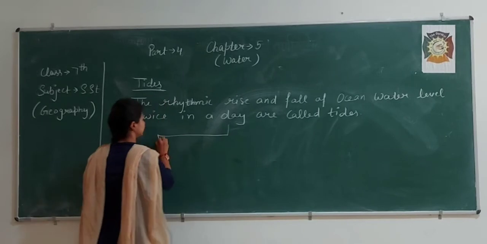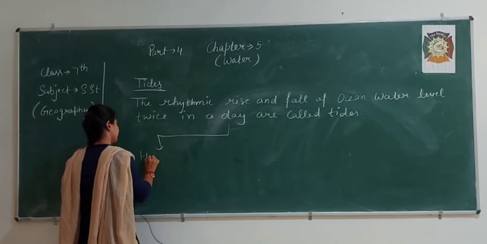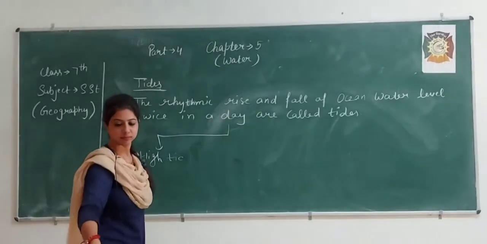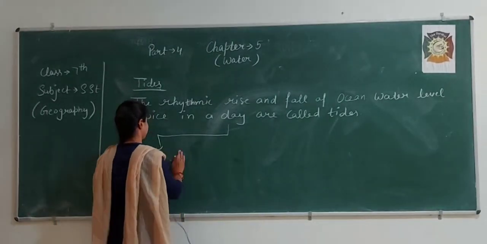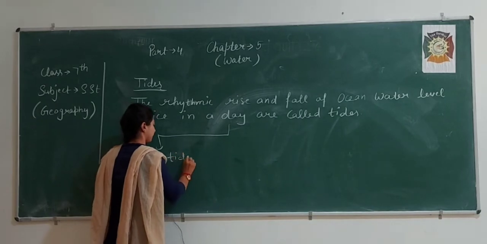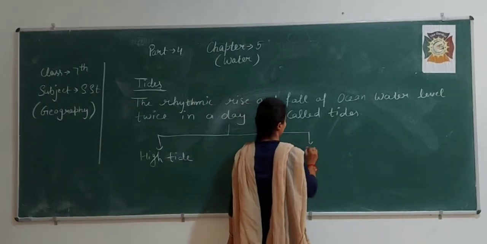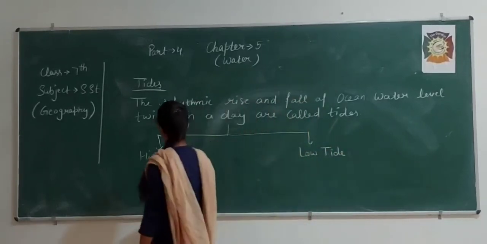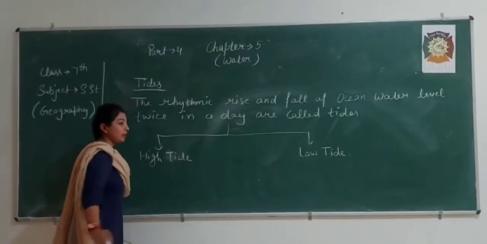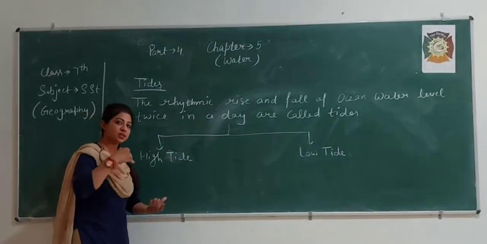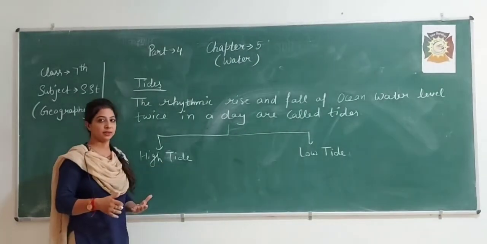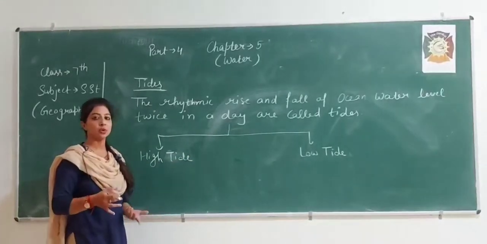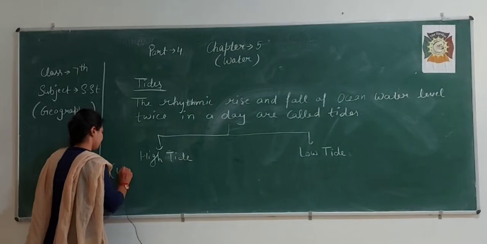There are two types of tides. First is high tide and low tide. When water is at the highest position, that is high tide. When water is at the lowest position, that is called low tide. I am writing here.